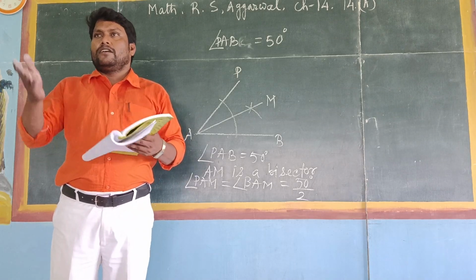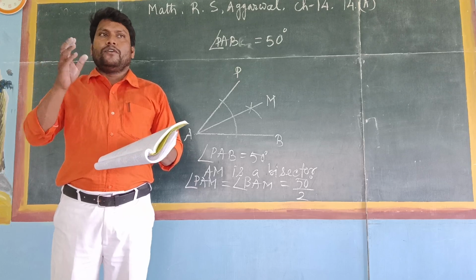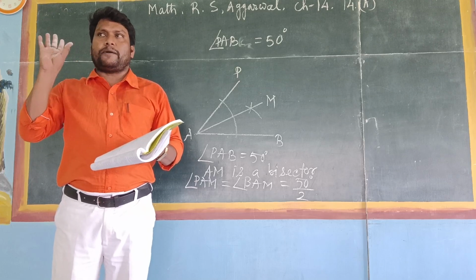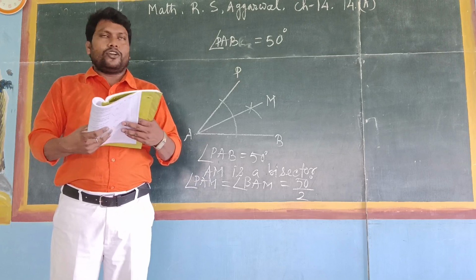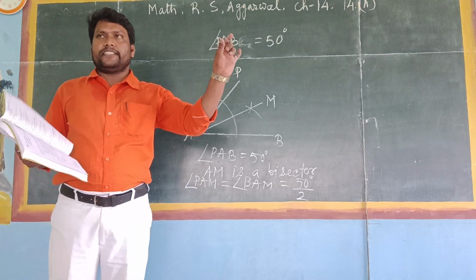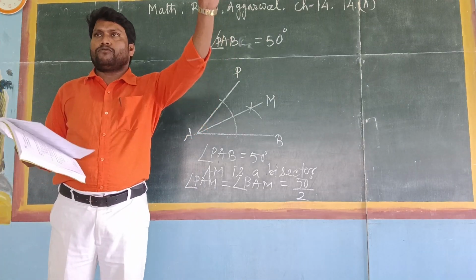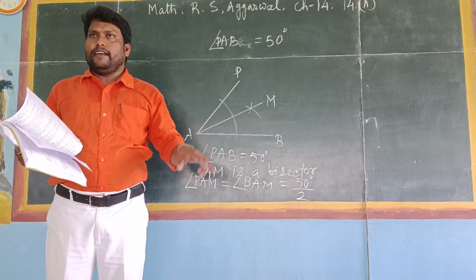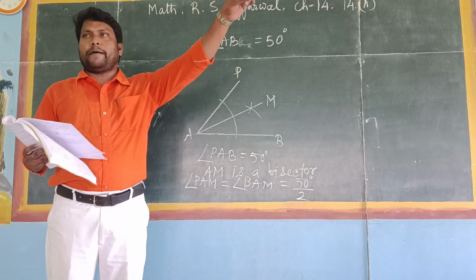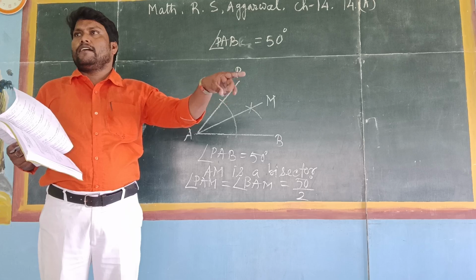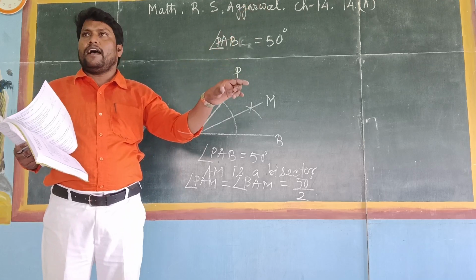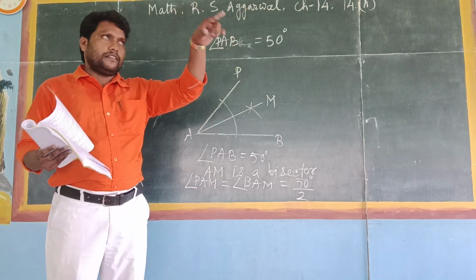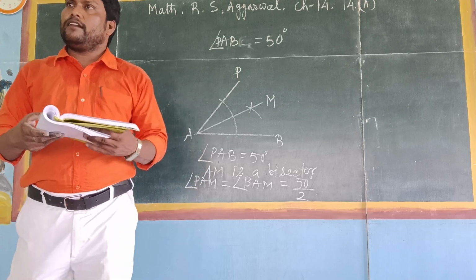Just think: when we were introduced to the chapters and drew the figure, draw a line segment, take a point outside the line and take a point on the line and join it, and from the P make an arc and construct the alternate angle here. That line will be the parallel. Okay.